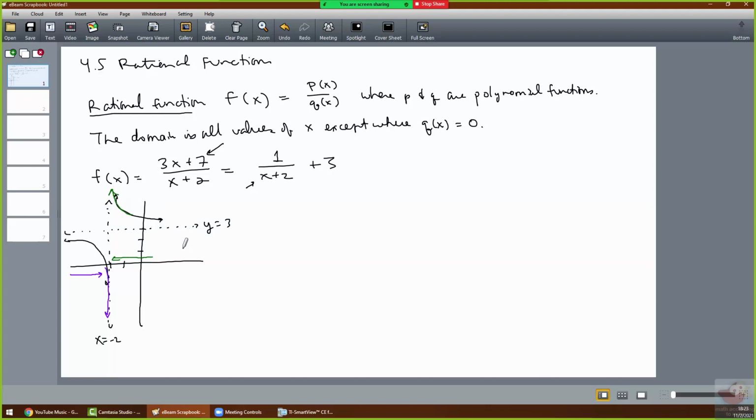So when this phenomenon occurs, this is where a vertical asymptote comes from. Let's write that down. If as x approaches a number a, y approaches infinity or y approaches negative infinity, x equals a is a vertical asymptote.